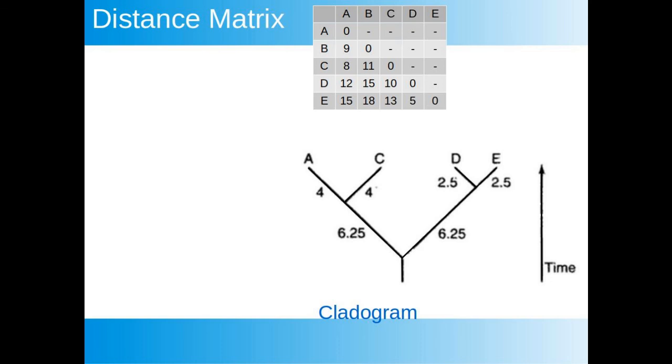Similarly, we need to connect the branch points between AC and DE, and this distance will be the sum of the distance of AC and DE divided by 2, that is 8 plus 5 divided by 2, that is 13 by 2, 6.25 units will be the length between the branch points AC and DE.